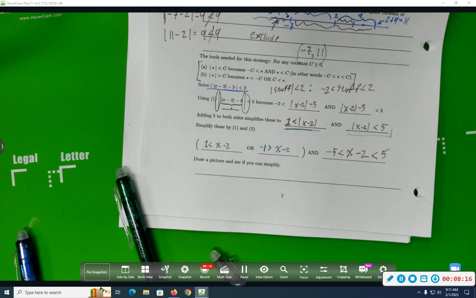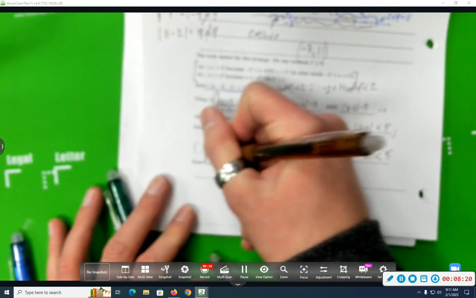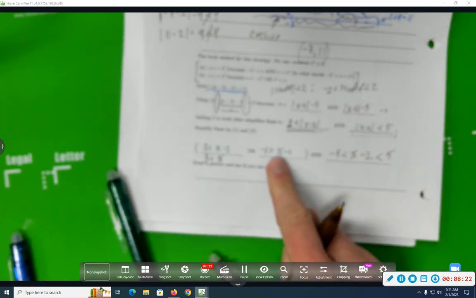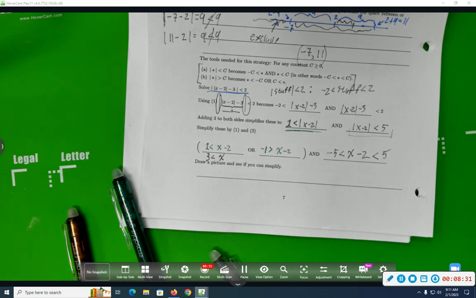Yeah, it's greater than 3. If negative 1 is greater than x minus 2, what can you tell me about x?